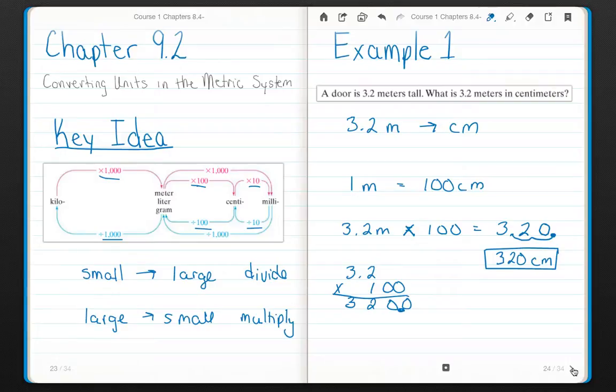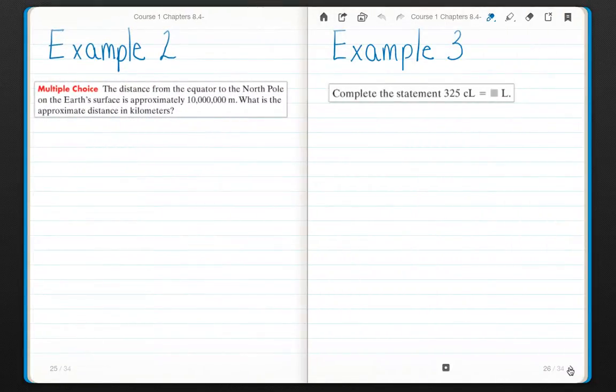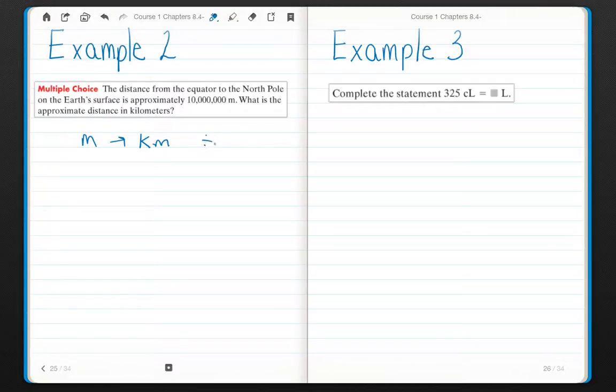All right, let's take a look at example 2. The distance from the equator to the North Pole on the Earth's surface is approximately 10 million meters. What is the approximate distance in kilometers? Since I'm moving from meters, a small unit, to kilometers, a larger unit, I'm going to divide. I'm going to divide by 1,000 because there are 1,000 meters in 1 kilometer.